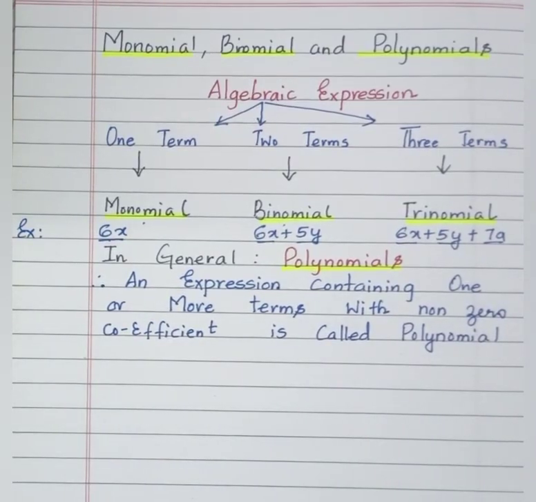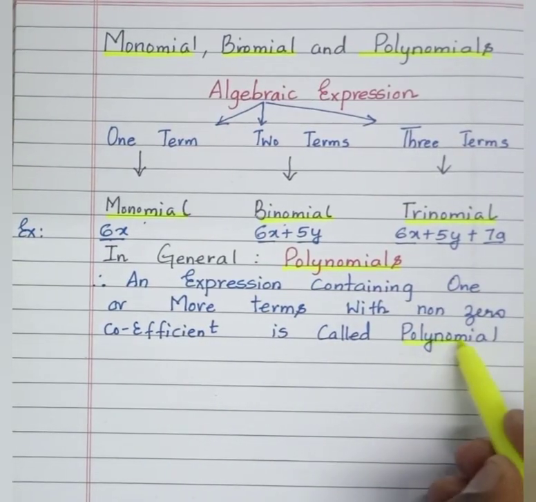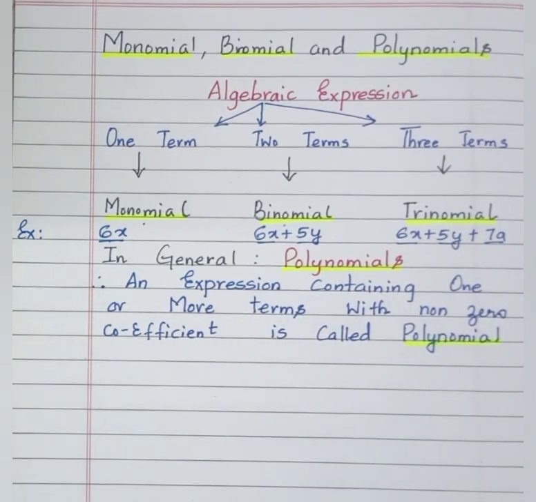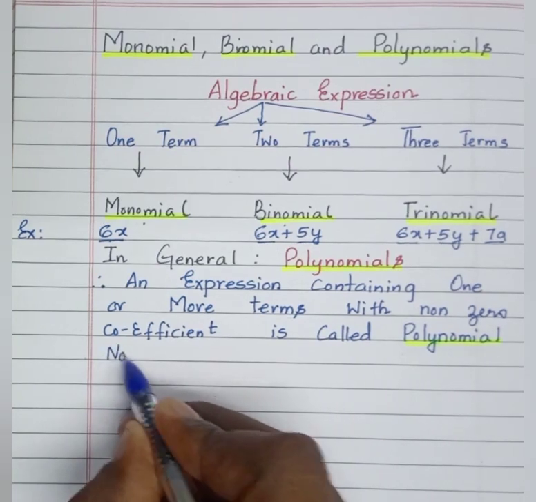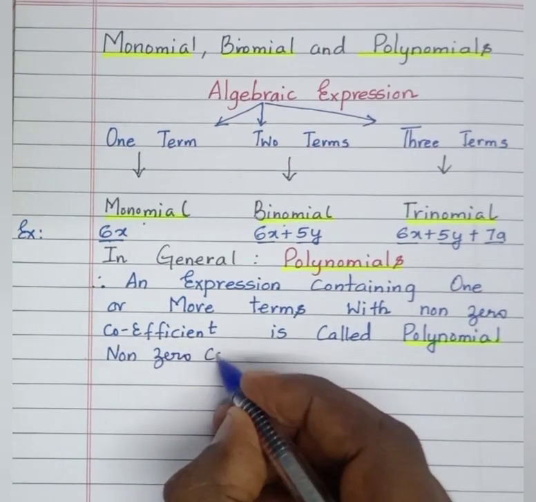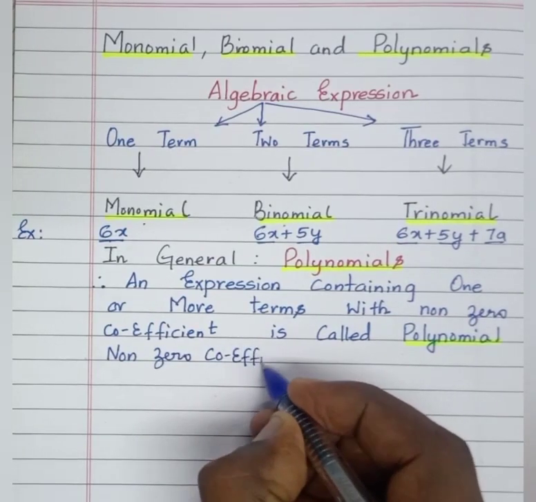That means the variables in the polynomial should have non-negative integers as exponents.